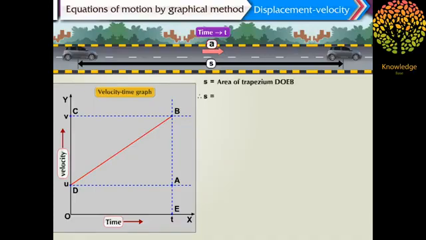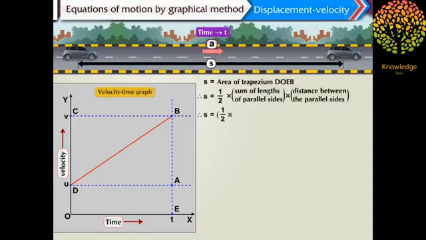Therefore, s is equal to 1 upon 2 into sum of lengths of parallel sides into distance between the parallel sides. Therefore, s is equal to 1 upon 2 into OD plus BE into OE. But OD is equal to u, BE is equal to v, and OE is equal to t.